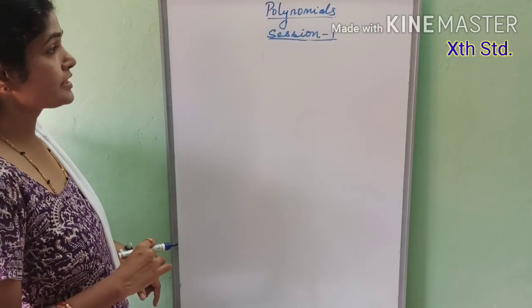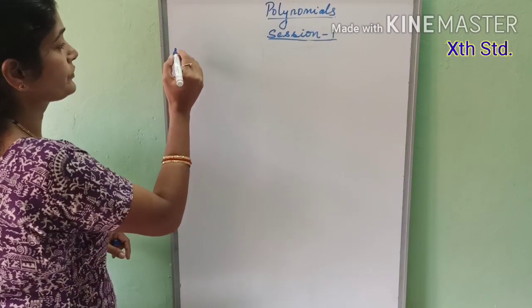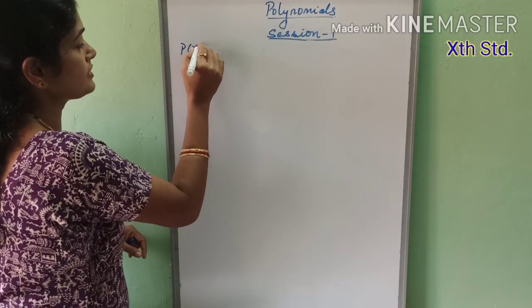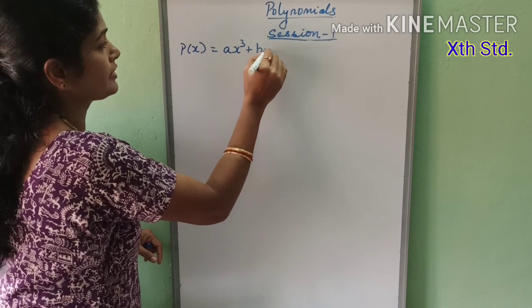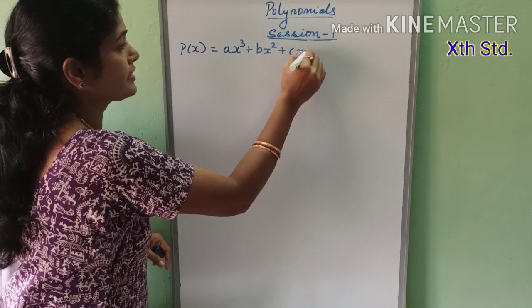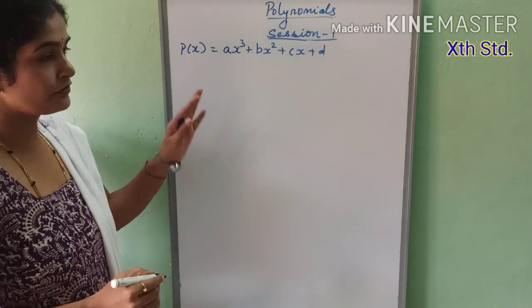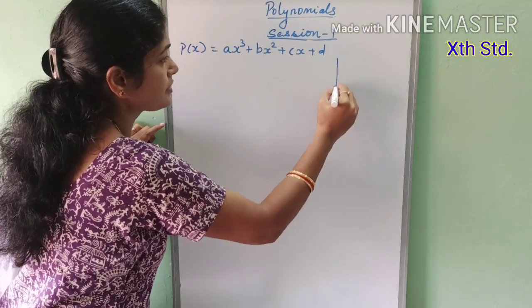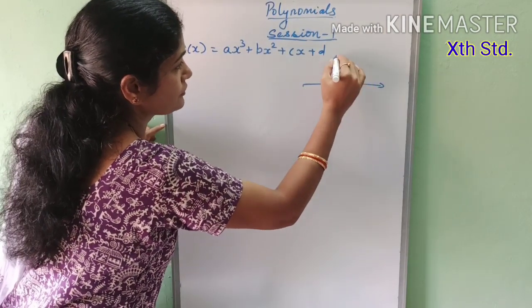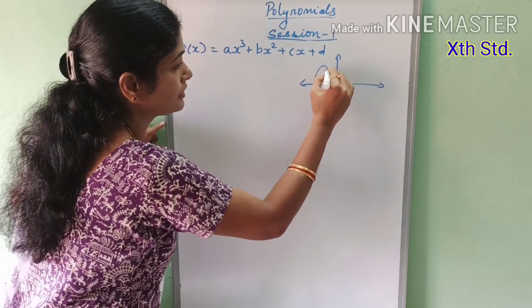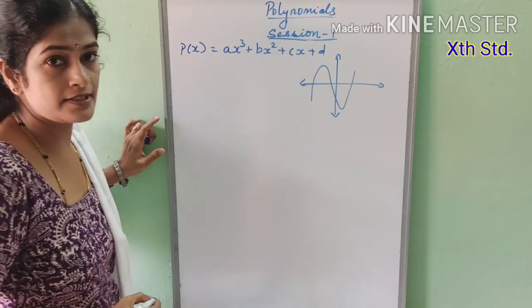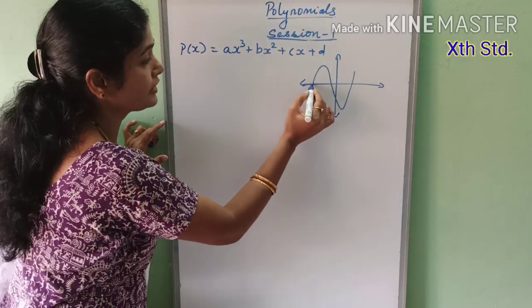Now if you consider a cubic polynomial, say p of x is equal to ax cube plus bx square plus cx plus d, and draw the graph of this cubic polynomial, it may be like this, the nature of that graph.